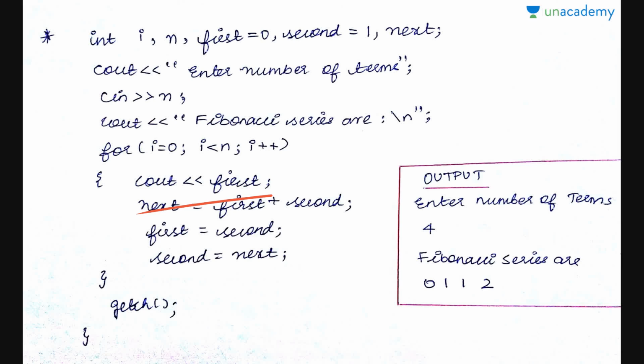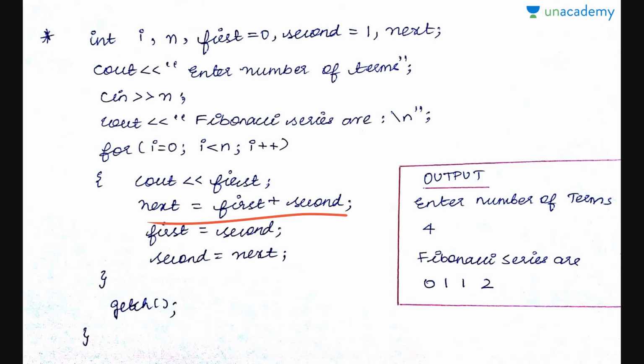So initially first holds the value 0, so 0 gets printed, and then next equals first plus second. First and second are 0 and 1 initially, so next becomes 1, and first equals second, second equals next. Then again i gets incremented.